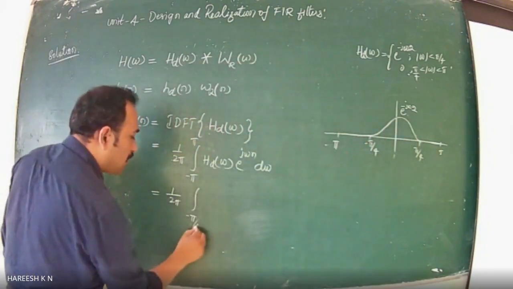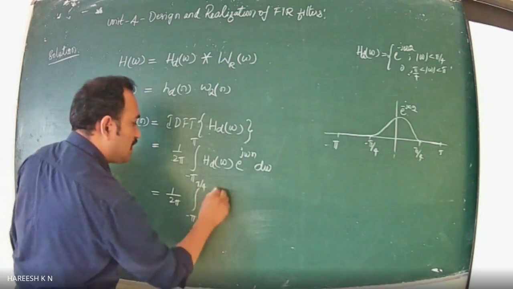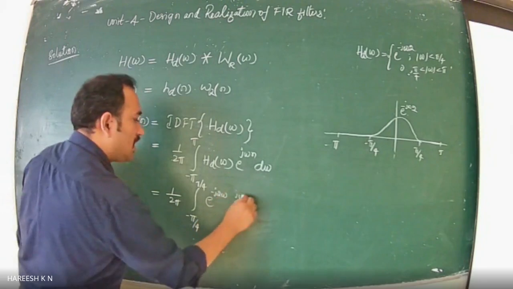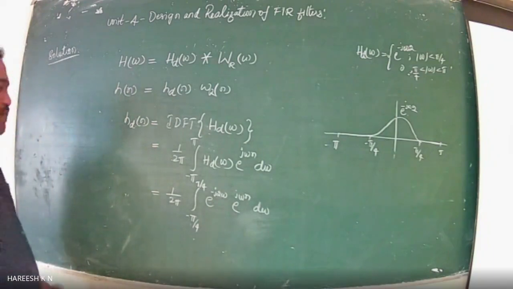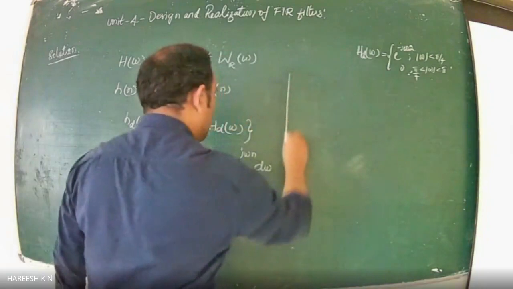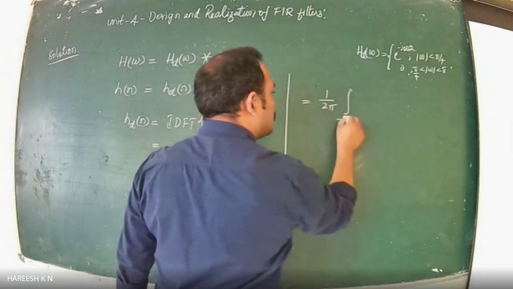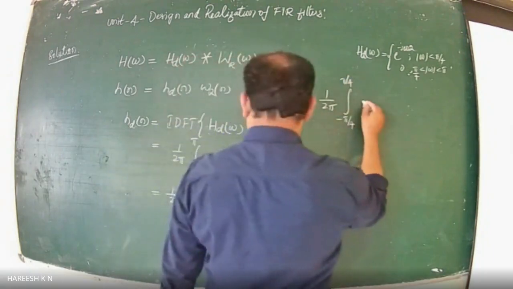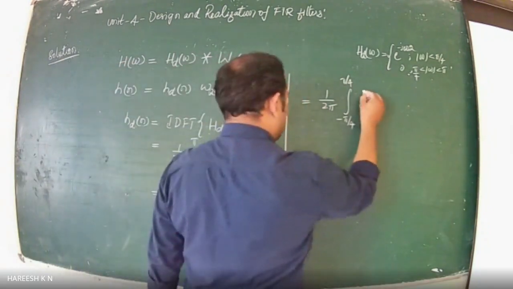Therefore, from minus pi by 4 to plus pi by 4, it is e to the power of minus j 2 omega, and e to the power of j omega n is already over there into d omega, isn't it? Now, if I try to simplify this, I'll get 1 divided by 2 pi integration from minus pi by 4 to plus pi by 4 e to the power of j omega.